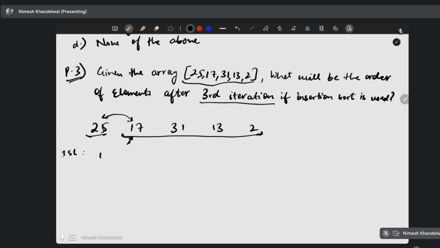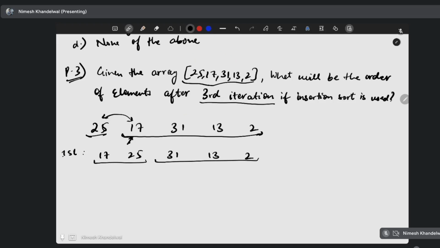So this will become 17, 25, 31, 13 and 2, right? Now this becomes the sorted section, and this becomes the unsorted section.